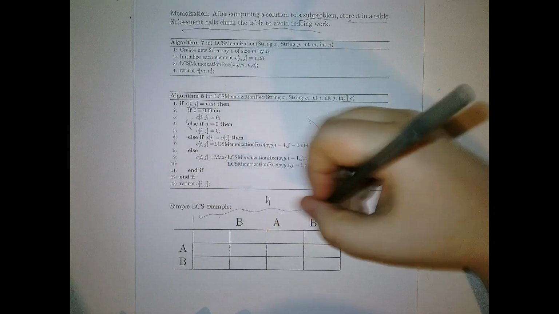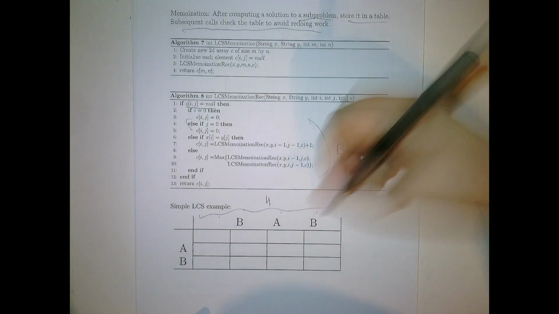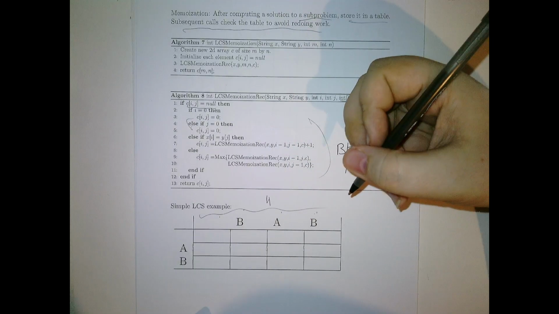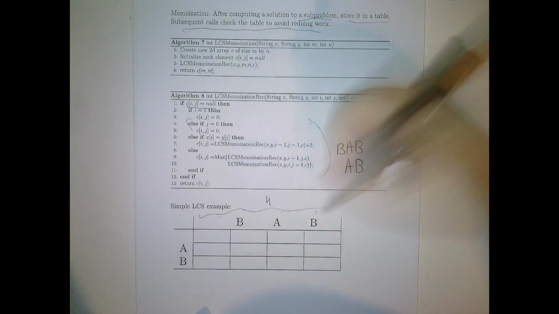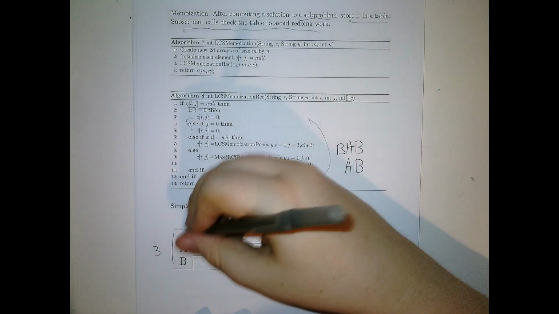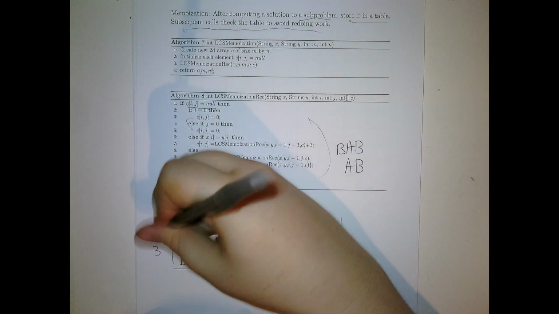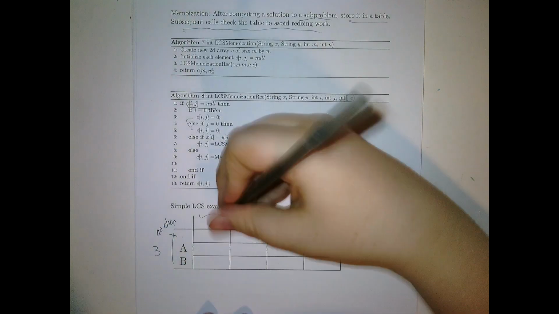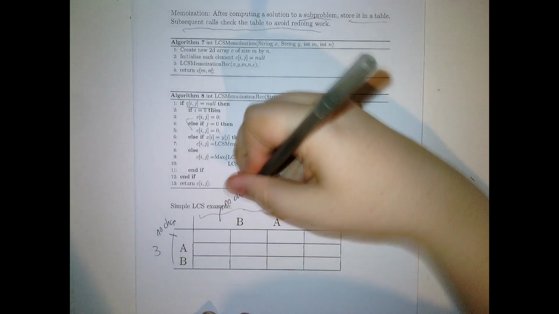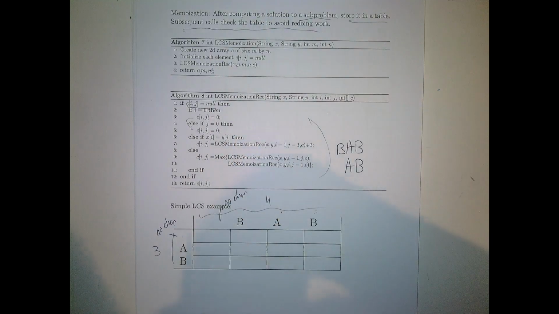So this corresponds to what character fills up that position of the string. And this has 3 characters. Again, we have an empty character, so this is no character left. Let's fill in the table bottom up.